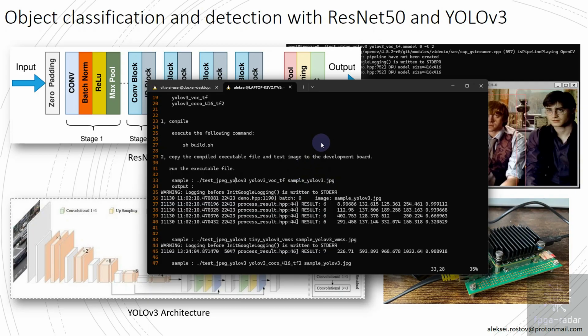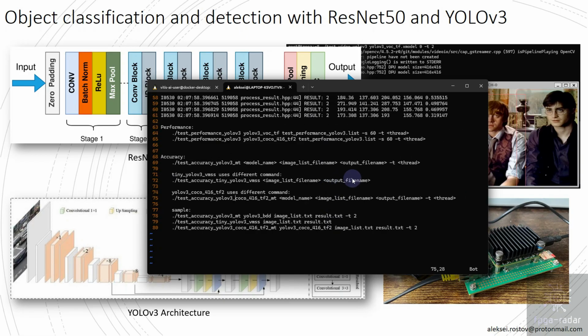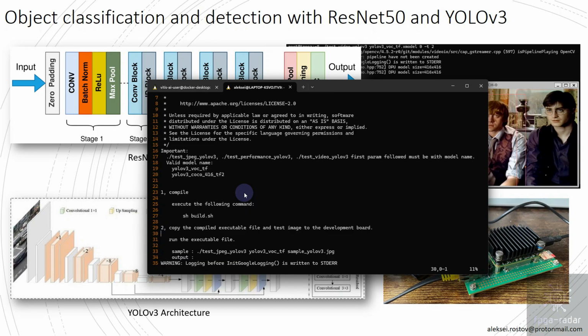I will run two examples here, one for an image, and another example, I guess it is not pointed out here, for video, for a USB camera. So this is the test video YOLOv3 example.